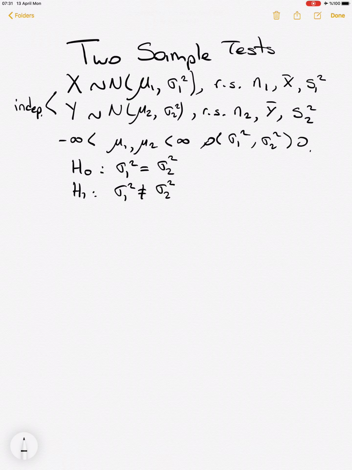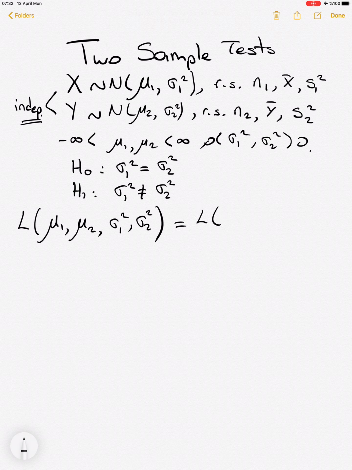Okay, since we know that the x and y random variables are independent, finding the likelihood function will be very easy actually, because we will just multiply two likelihood functions to get the joint likelihood. So our likelihood function will be a function of mu1, mu2, sigma 1 square, sigma 2 square, because we are using the two sample procedure.